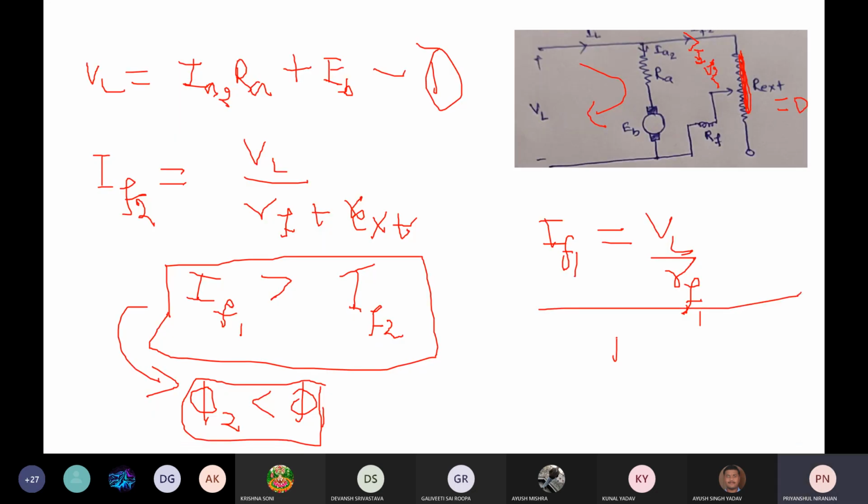We assume that N is the rated value of the original circuit. So N2, this circuit's speed, is it greater than or less than the rated?